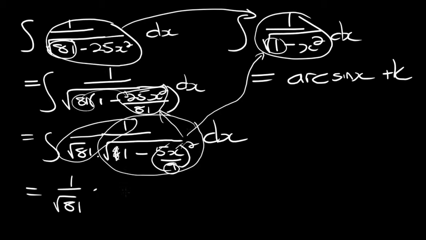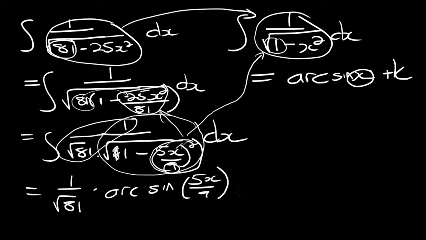So that will just become arc sine, and in the x's place, you'll have the 5x over 9, and then again you don't multiply with this one's derivative, the 5x over 9's derivative, you won't multiply with it, but you'll divide by it. So you'll divide by 5 over 9, because 5x over 9's derivative is just 5 over 9.